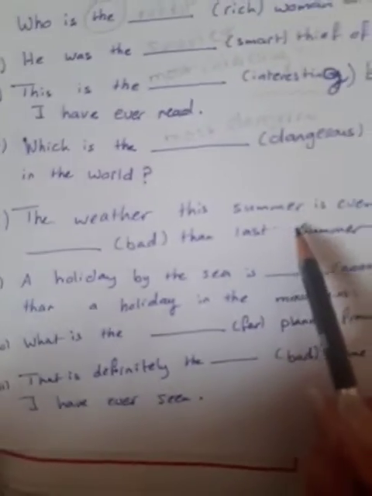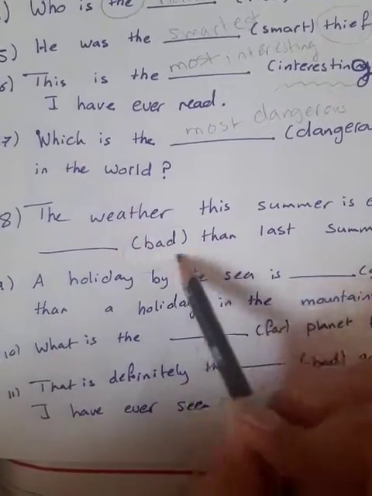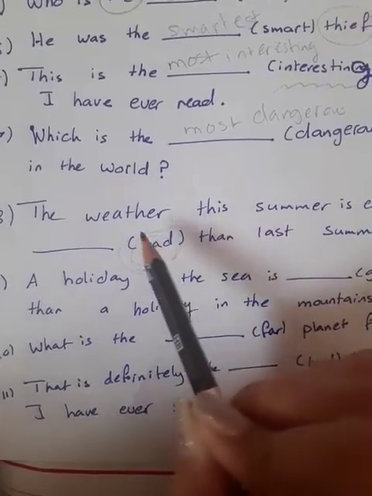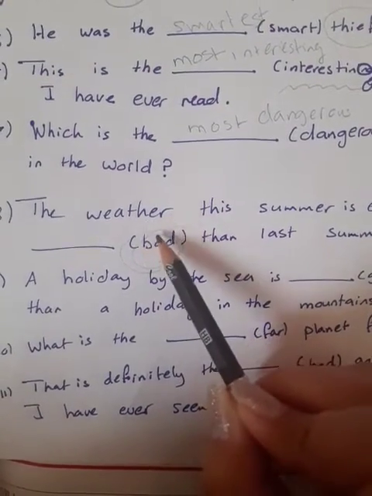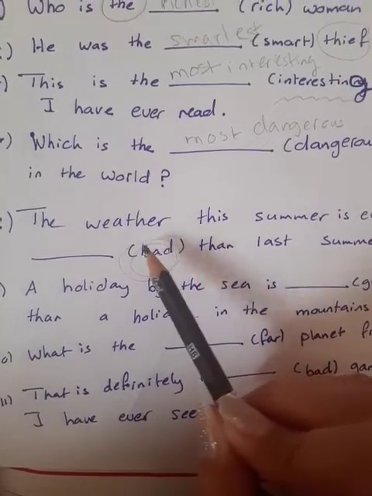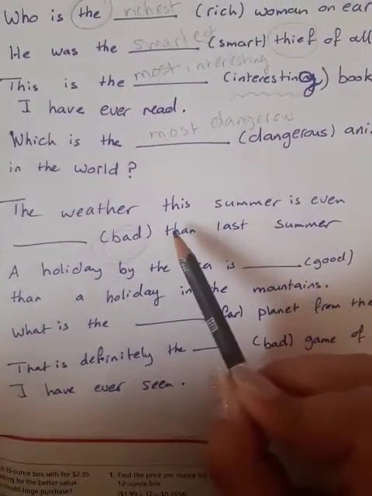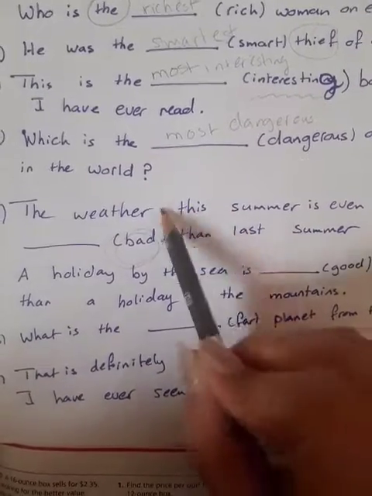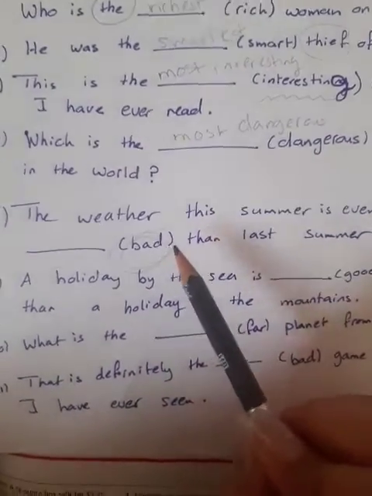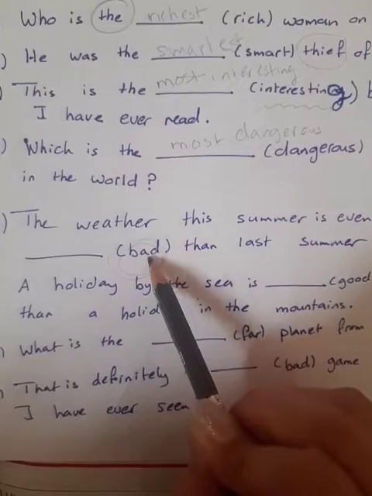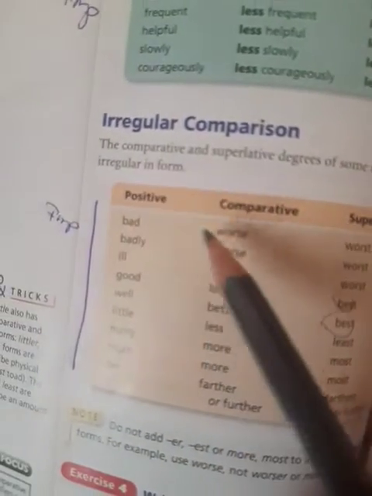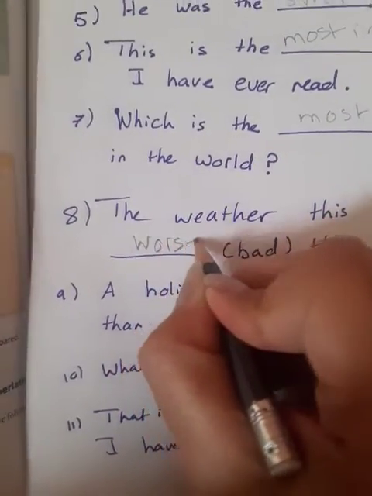Here the sentence compares between the weather this summer and weather last summer, right? So here we have comparative, not superlative. Why? Because here we are comparing between two. So in this case, it is comparative, so you have to change bad into worse. So here bad will become worse.